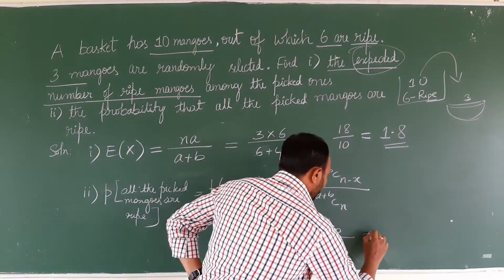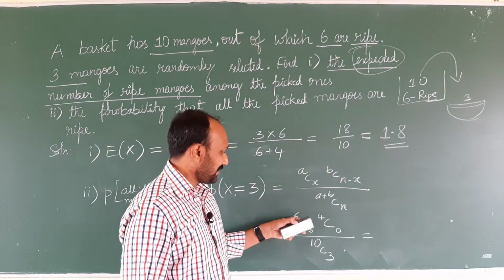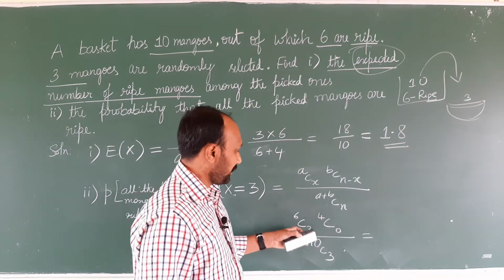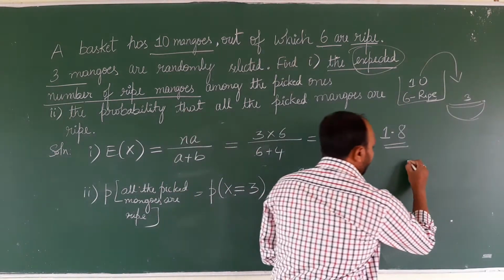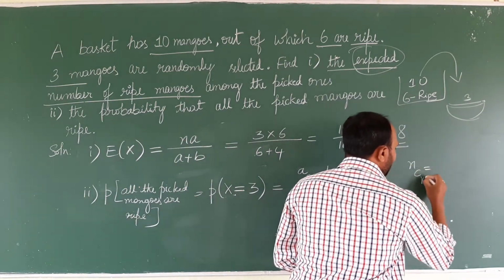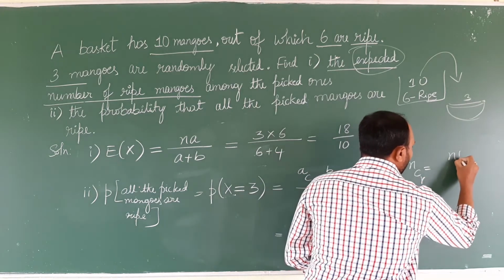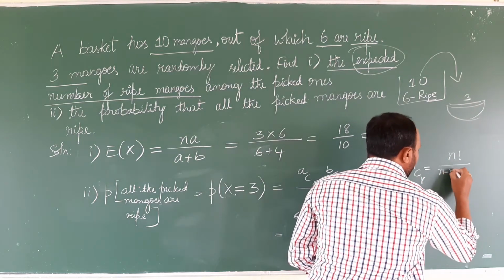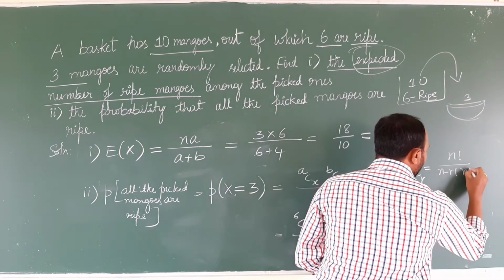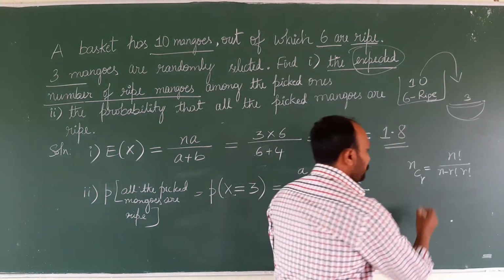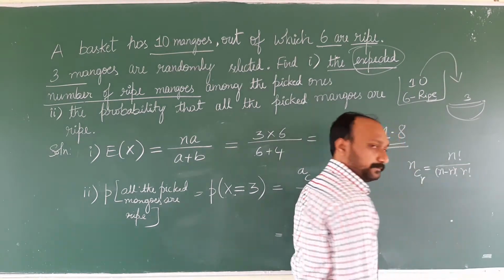So this is nCr, which is equivalent to n factorial divided by n minus r factorial into r factorial. You need to use this formula.